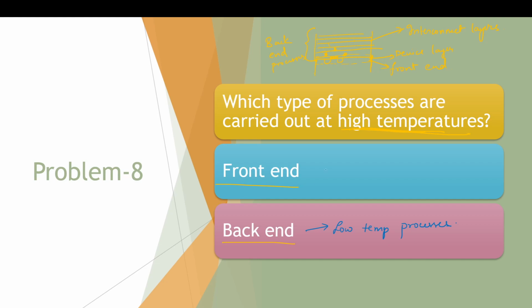So all the high temperature processes, we need to do at the starting of the fabrication itself, when our silicon is very pure. When we are doing doping and everything, doping might require high temperature, annealing might require high temperature. All those processes we are doing at the front end.